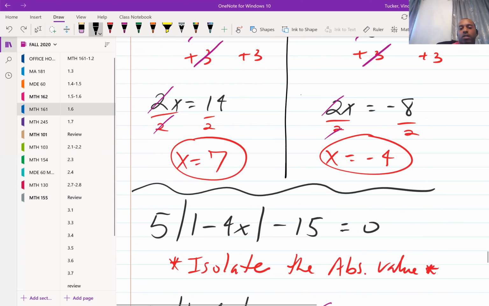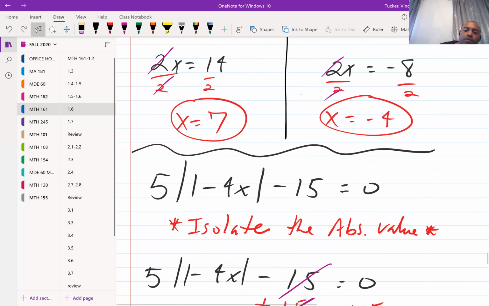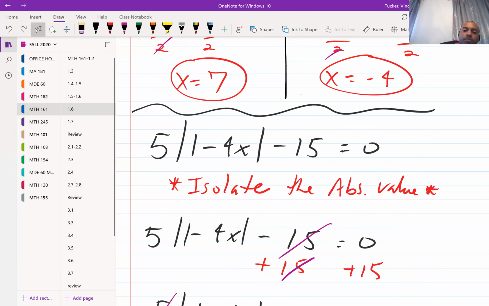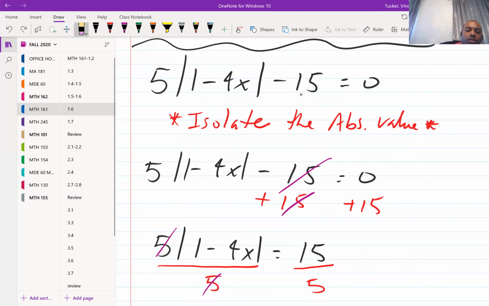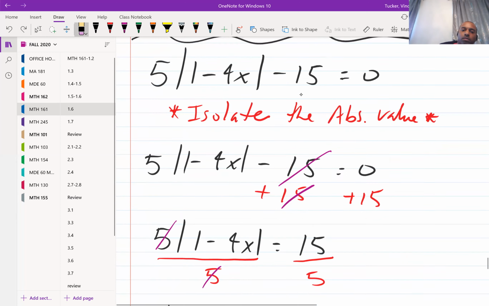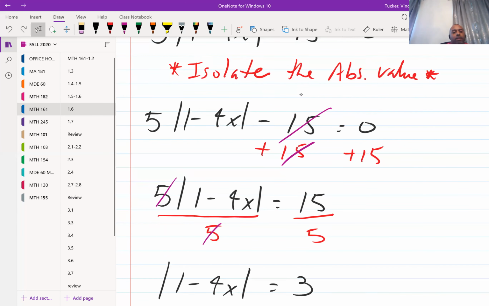If you want to apply the method that we just finished looking at, you do want to isolate the absolute value. So we're going to add 15 to both sides, and then we'll divide both sides by 5. And we'll be left with the absolute value of 1 minus 4x equal to 3.